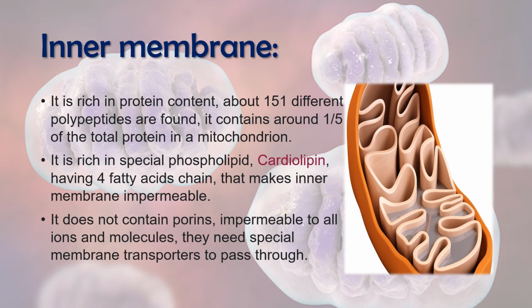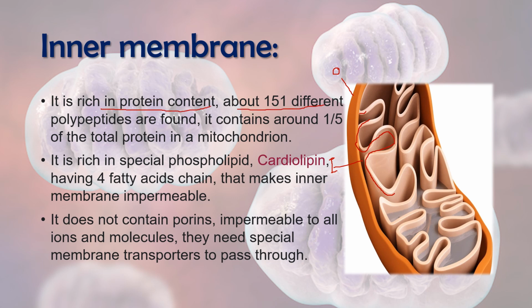Okay. The next one is the inner membrane. So after the outer membrane and the intermembrane space, here comes the inner membrane. This one is the inner membrane. It is rich in protein content.